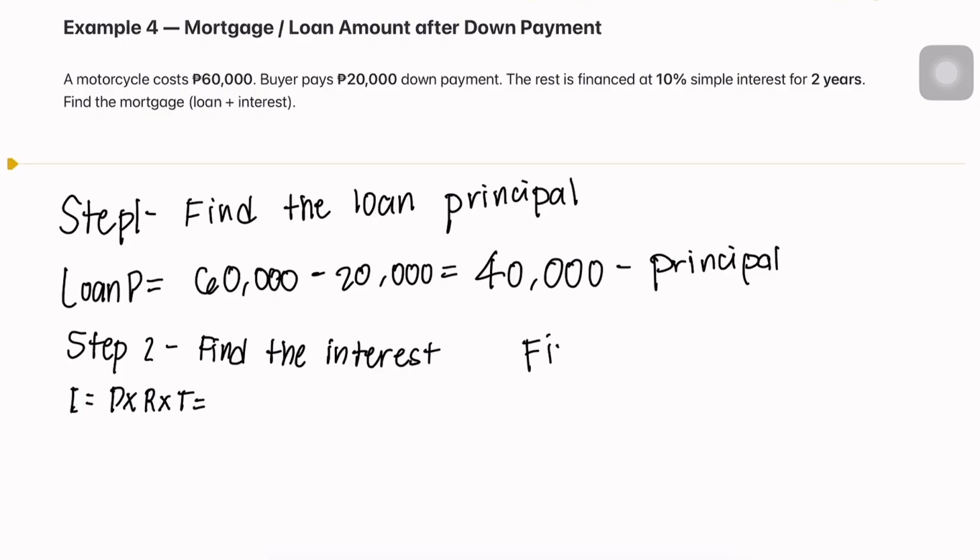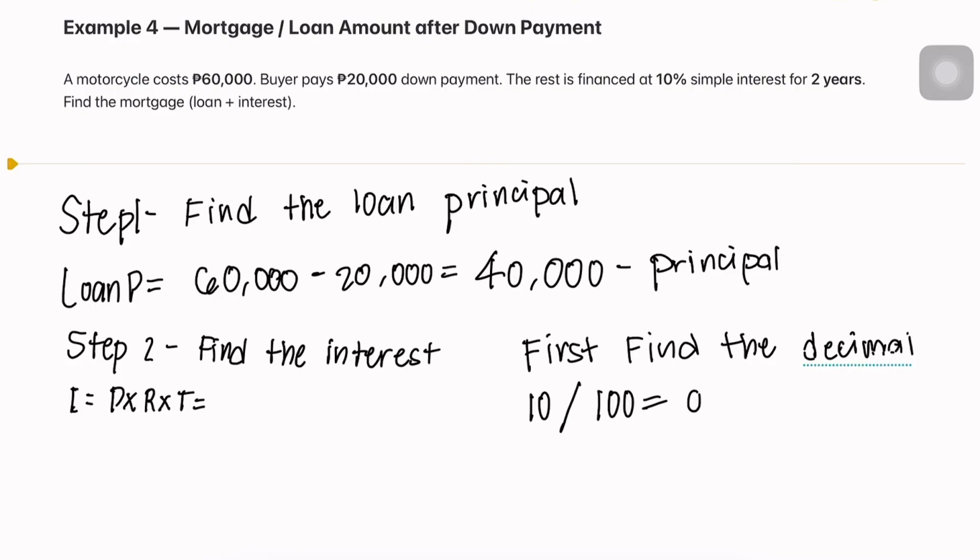First, we have to make our percent to decimal. Now, let's divide 10 by 100 equals 0.10. So we have our decimal now. Then let's proceed to substituting the values to the formula.